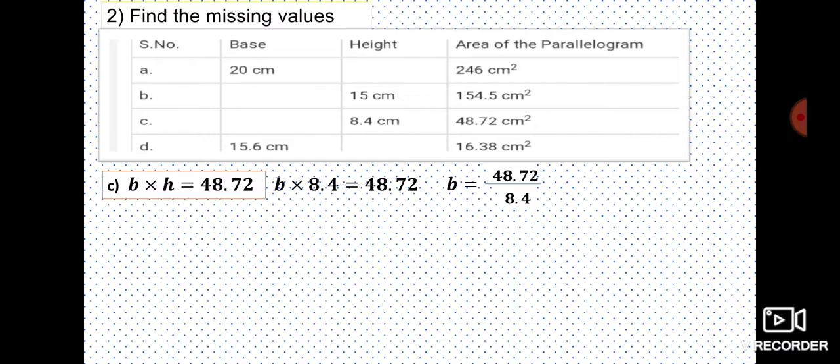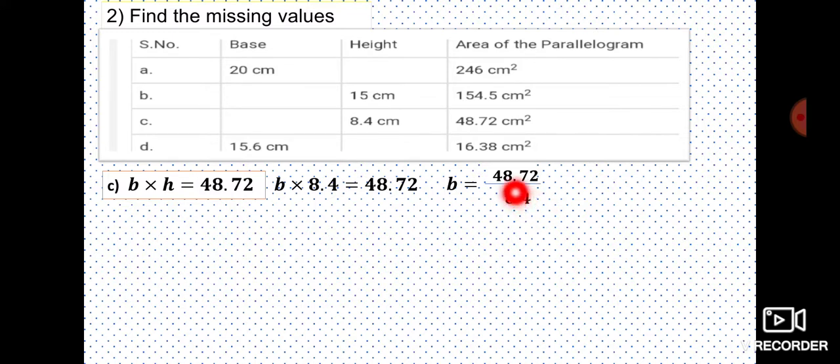We already studied this division of decimals in our 7th class in the chapter decimals. First we remove the decimal point. We studied for removing the decimal point: multiply numerator and denominator by 10, 100, 1000, 10,000, etc.